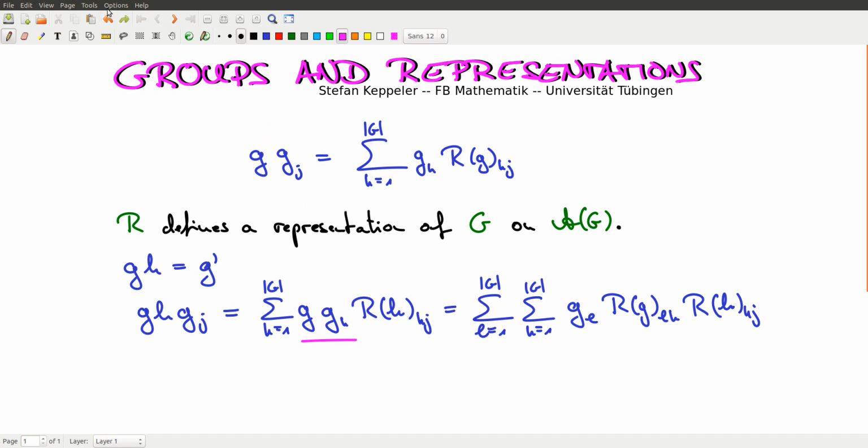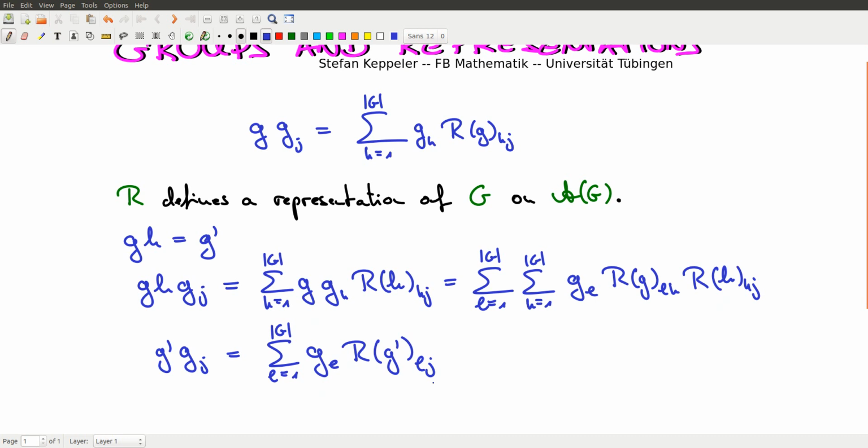Now let's compare this to what happens when we apply just the G prime to a Gj. Then we get, say, sum L from 1 to the order of the group, GL R of G prime index Lj. And now let's compare. There is a sum over L and the GL in here in both terms.